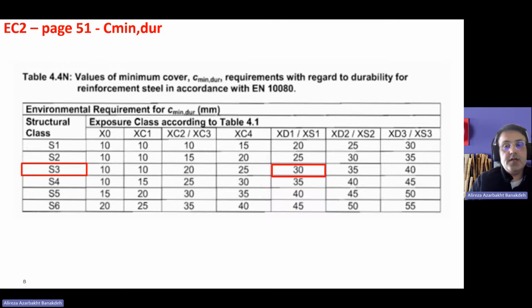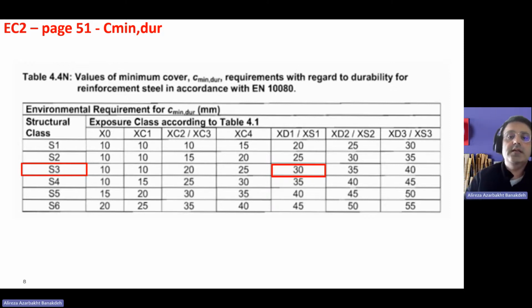If you're not provided with exposure class, you should go to that table and get your exposure class based on the environmental effects.